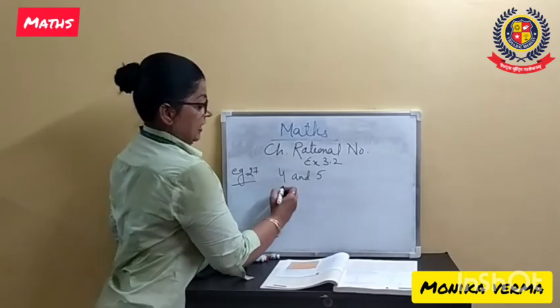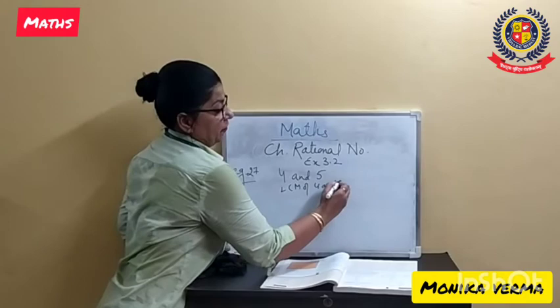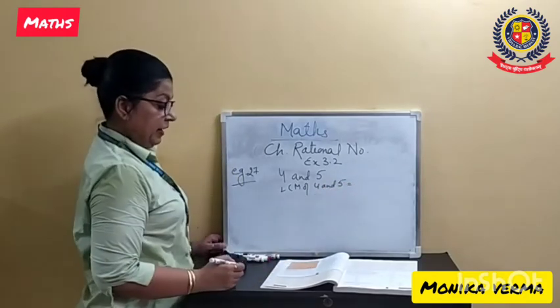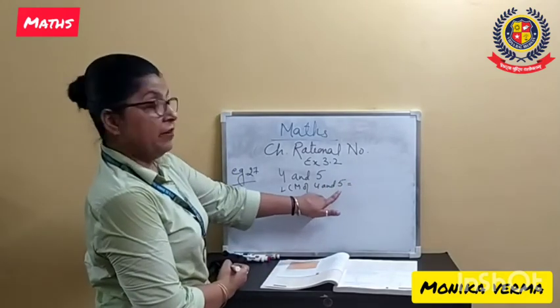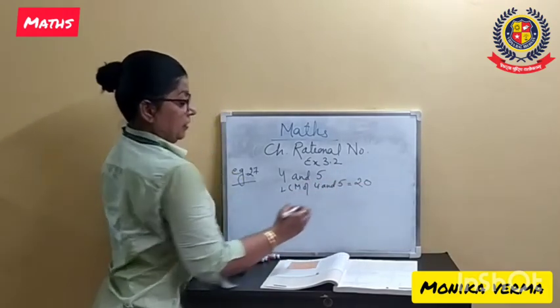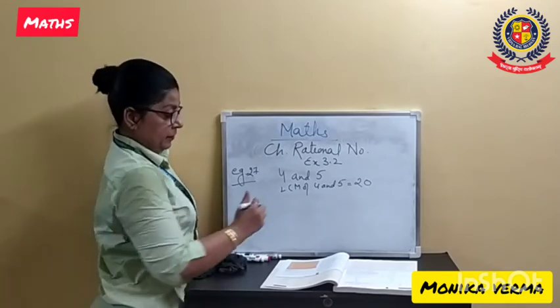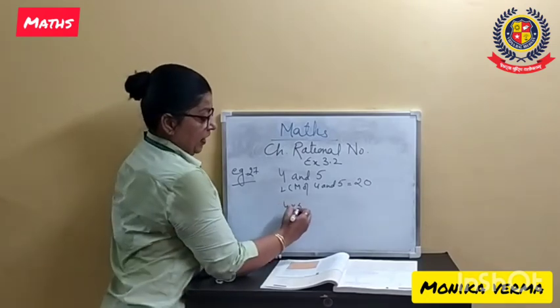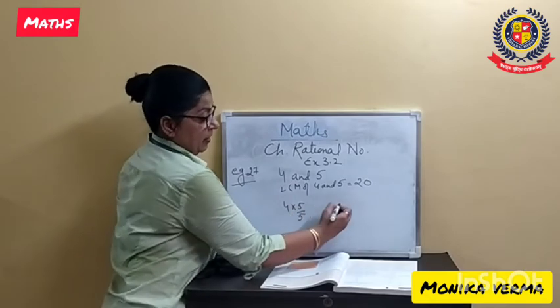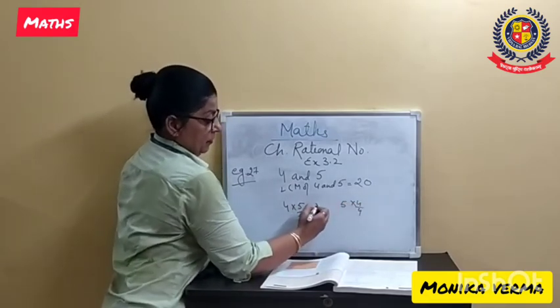So first we will take the LCM of this. LCM of 4 and 5. What do we get? 4 and 5 are co-prime numbers, so we will multiply them, we will get 20. Okay. Now we need the denominator as 20. So 4 into 5 upon 5 and 5 into 4 upon 4.